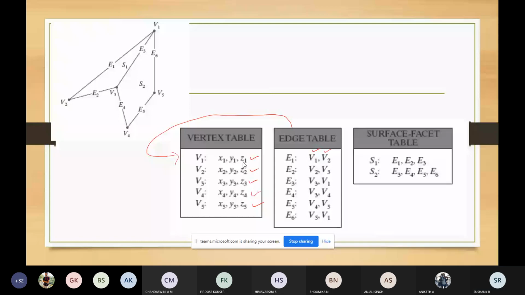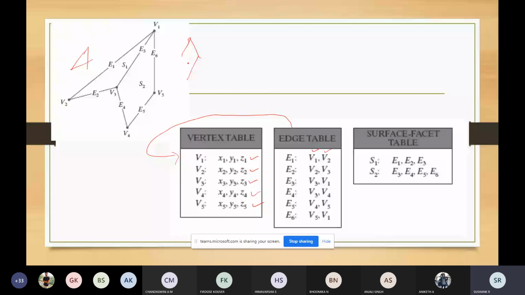And similarly, the surface facet table consists of the edges which form the surface. See here, E1, E3, and E2 are forming one face, and the other face is E3, E6, E5, E4. This is forming the second face. So two faces are formed by the edges.